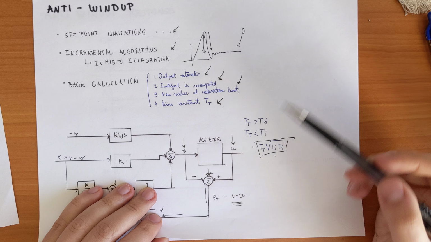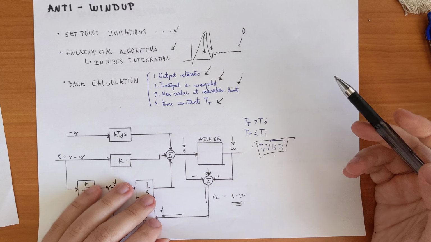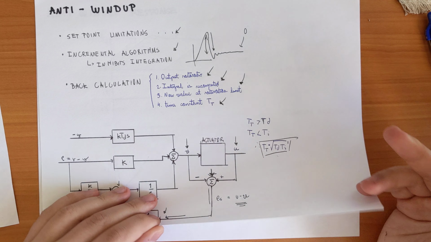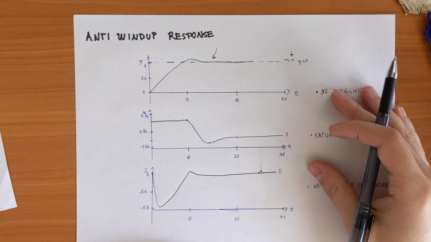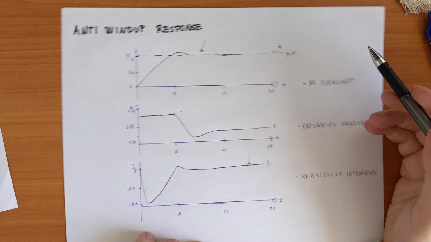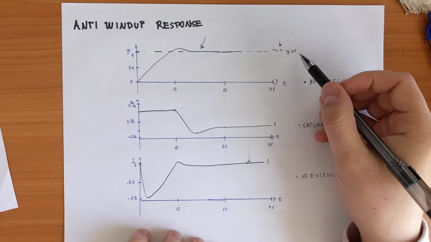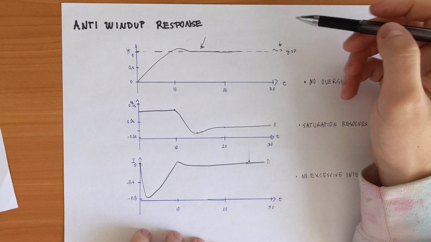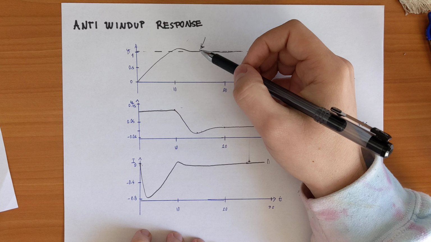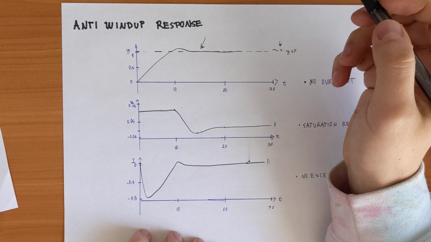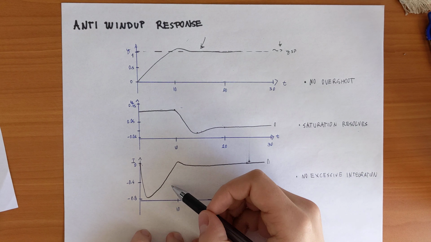So how would this look after we correct this error? The anti-windup response, say again you have your set point. Now the system is not going to try to play catch up because it doesn't have a huge integral error to correct.